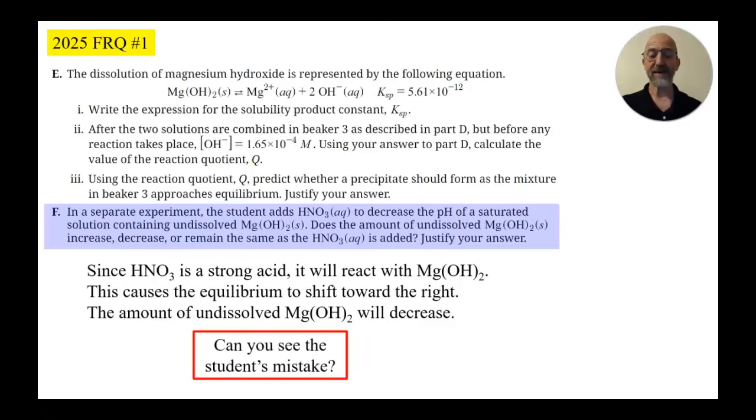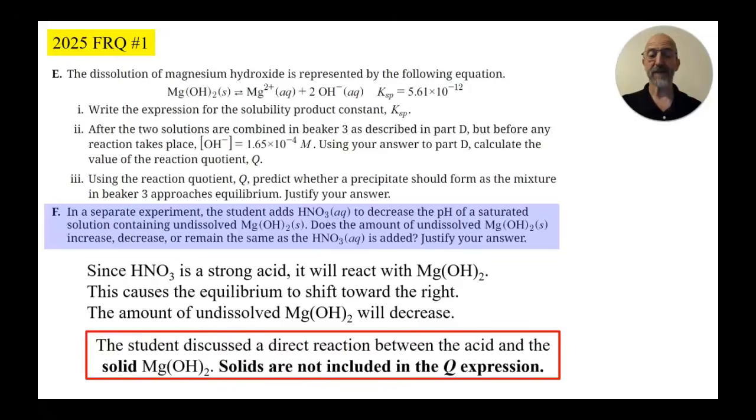So the problem, and this is kind of subtle, is that we're talking about Q versus K, and we don't include solids in the equilibrium constant expression or the reaction quotient expression. So to indicate that there's a direct reaction between the strong acid and the solid doesn't actually affect the value of Q. So if you're going to have a saturated solution, you need to focus on the acid reacting with the aqueous portion, not the solid portion, but the aqueous ions.